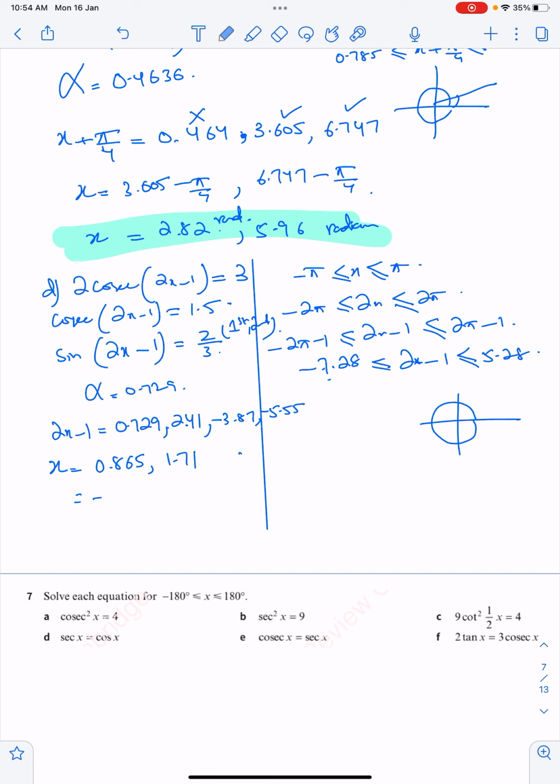So I'm adding 1 to them and dividing them by 2. So minus 3.87 plus 1 divided by 2, minus 1.435. Okay, likewise minus 5.55 plus 1 divided by 2, minus 2.275.